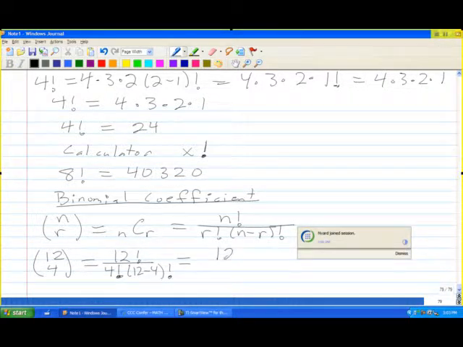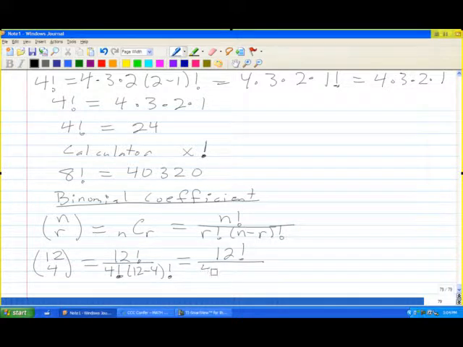So this is 12 factorial over 4 factorial times 8 factorial. But let me write it the other way around: 8 factorial times 4 factorial.